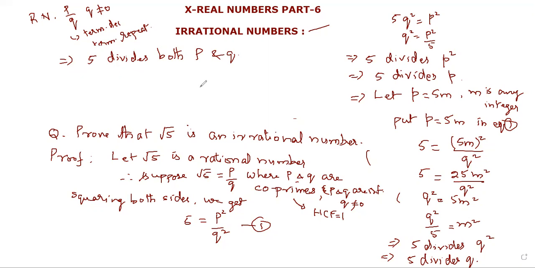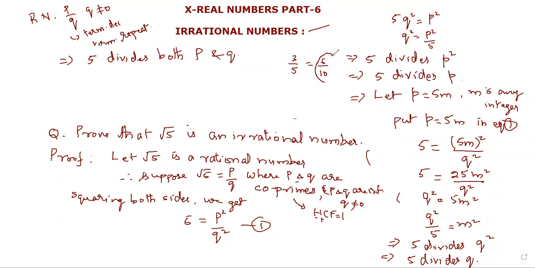When any number divides both p and q, that means p and q are not co-primes. As I told you, co-primes are those numbers which have only common factor 1. I'll give you one example. 3 and 5 are co-primes. But if you multiply them, 2 threes are 6, 2 fives are 10, so 6 and 10 are both divisible by 2.